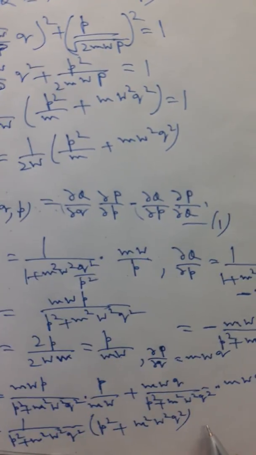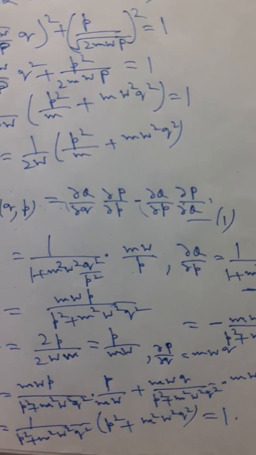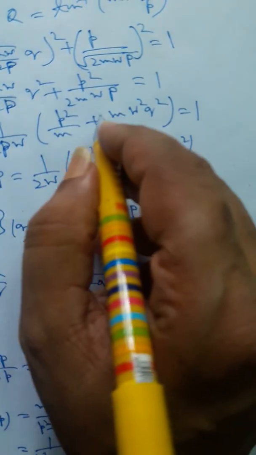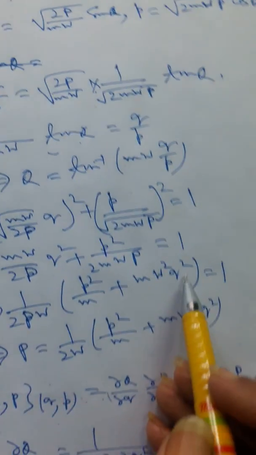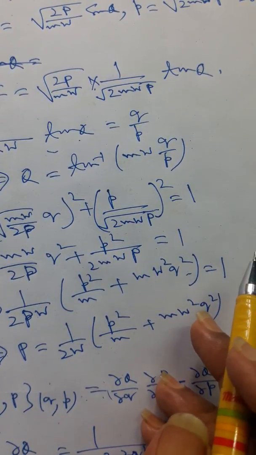So both the terms will be the same, so it will be 1. Since this term is converted to 1, we can say this transform, which is given here, is a canonical transform. So we can conclude here.